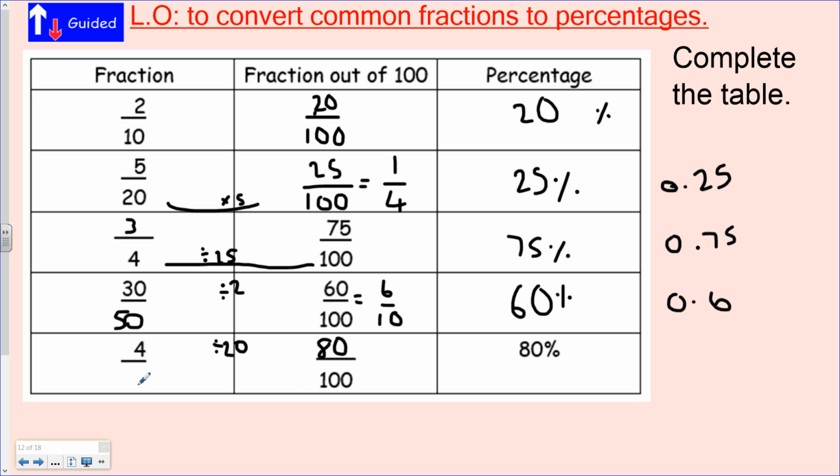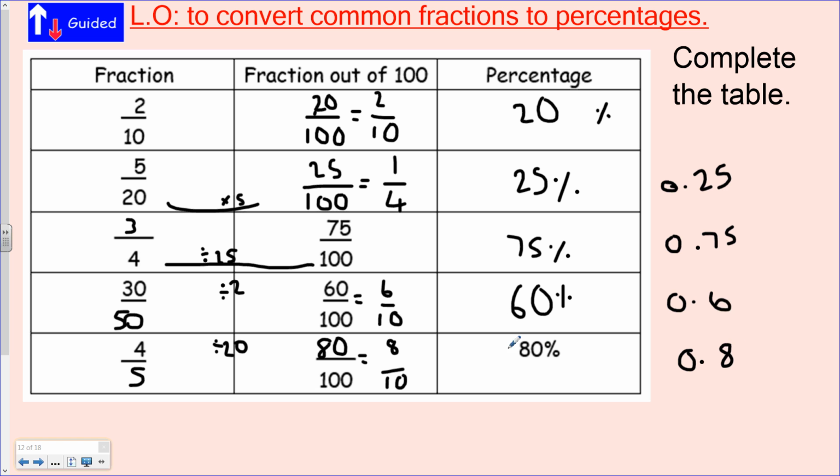So 100 divided by 20 equals 5. So 4/5 is the same as 80 hundredths, which is also the same as 8/10. Okay, this one up here as well is the same as 2/10, just so it's really clear for you to see that connection, and that's going to be 80% or 0.8.